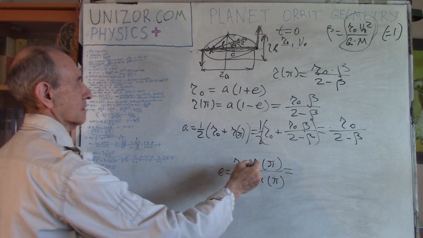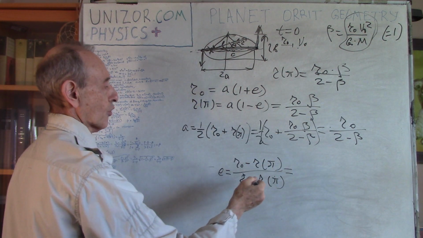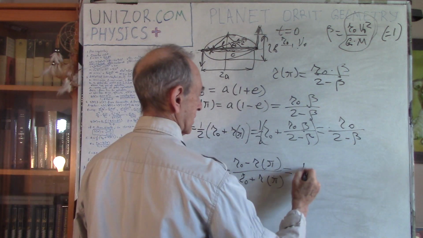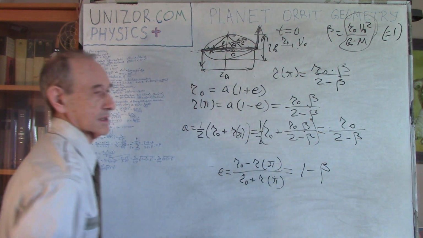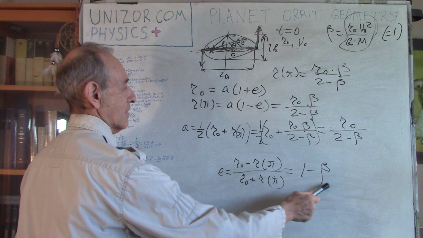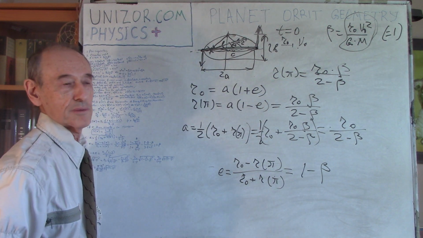If you put everything in this formula and simplify it, it will be a very nice thing: 1 minus beta. So beta is very much related to eccentricity.